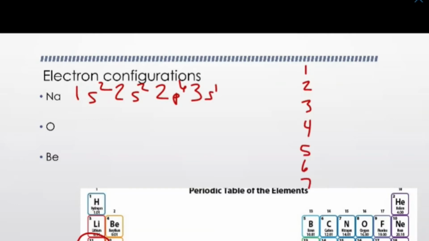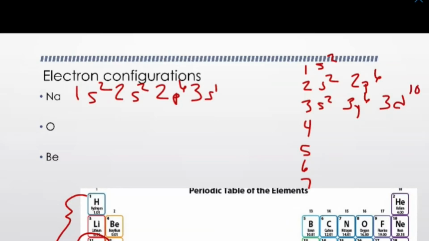And each one of those correlates to one of the periods on the periodic table. Now we fill in the orbitals. So we have 1s2, 2s2, 2p6, second energy level p orbitals, 6 electrons in there. 3s2, 3p6, 3d10 now, and so on and so forth. You should have learned this in the previous lesson. So this should not be anything new to you.